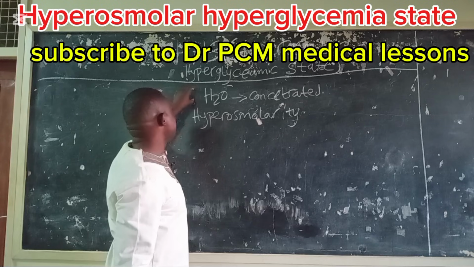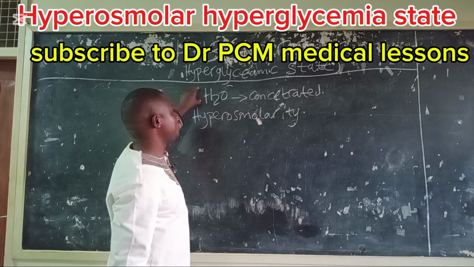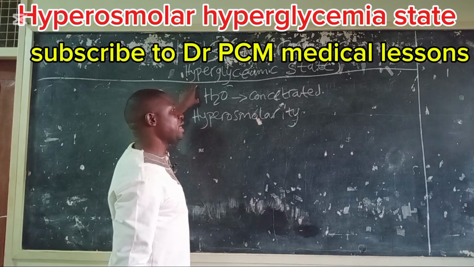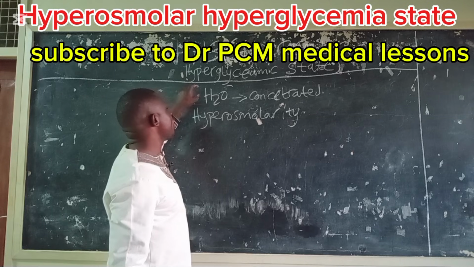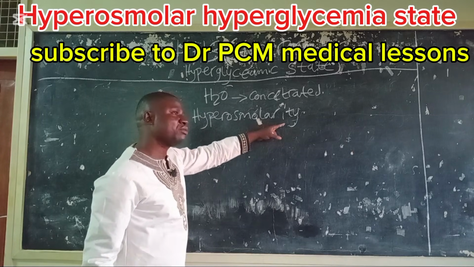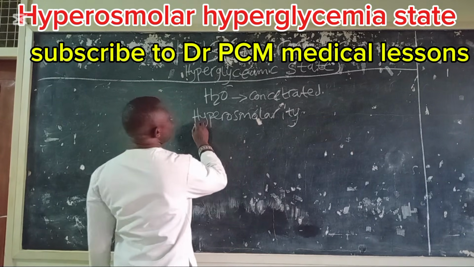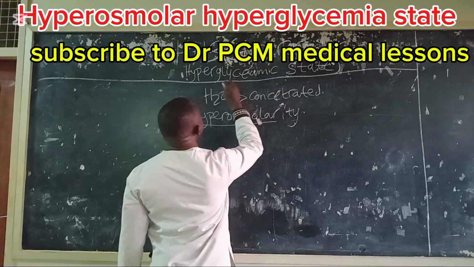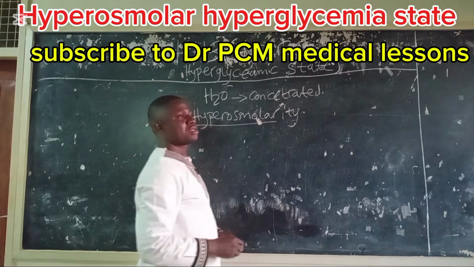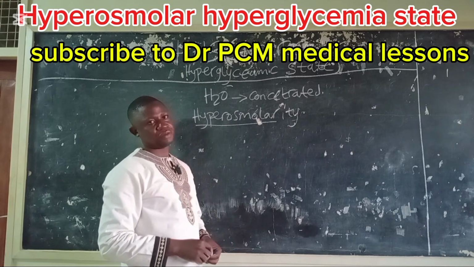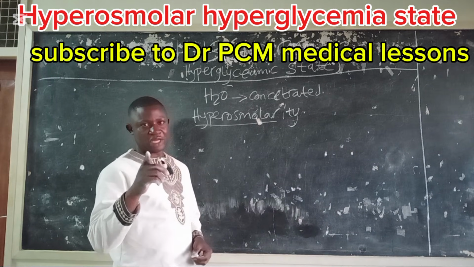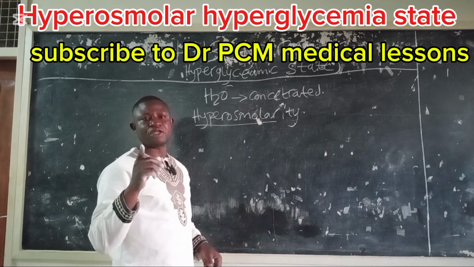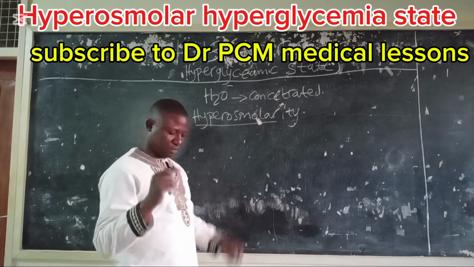Too much concentrated blood leads to a condition called hyperosmolarity. Hence the name hyperosmolar hyperglycemic state. That's what I wanted to talk about before we continue.